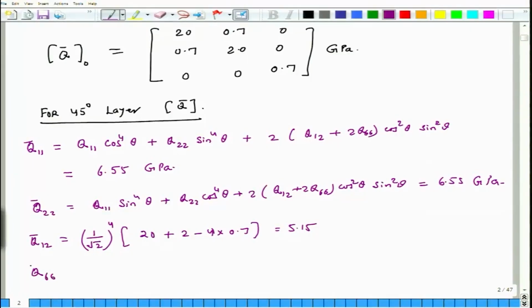Q66 bar is (1 over square root of 2) to the power of 4 times (20 plus 2 minus 2 into 0.7 minus 2 into 0.7). So, this is also 5.15.